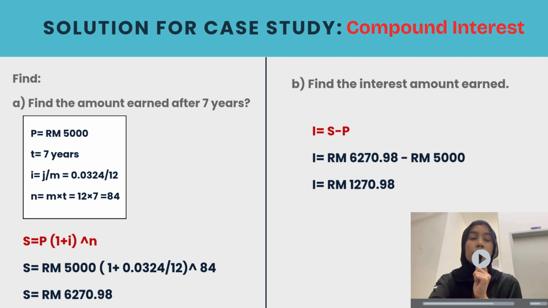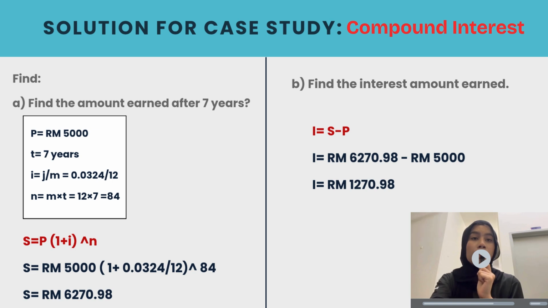Now, let's solve the first question together, which requires us to find the amount earned after 7 years. To solve this, we use the formula S equals P(1 plus i) to the power of n.